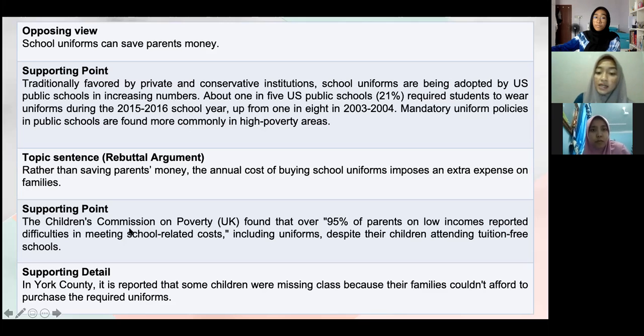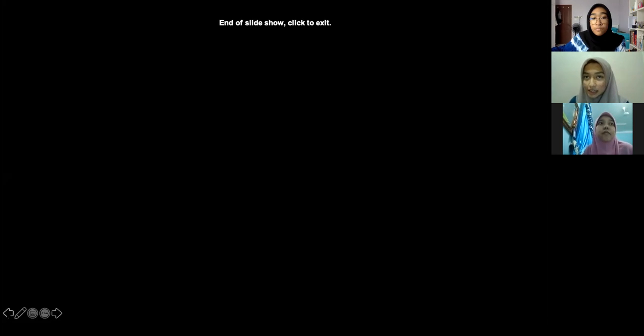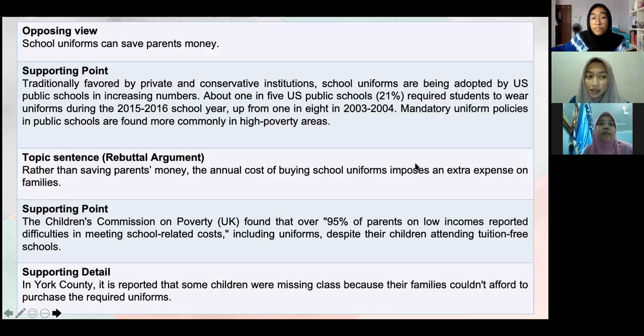Okay, to convince the reader, we will support it with the example in York County. It is reported that some children were missing class because their families couldn't afford to purchase the required uniform. Okay, so I think that's all from us. We have done presenting activity 5 and class material 6. Thank you. That's all from us.